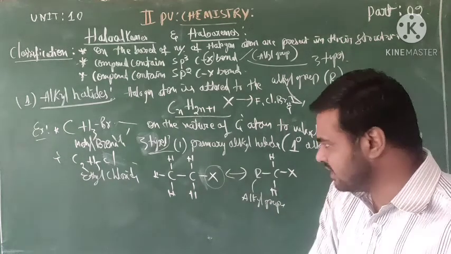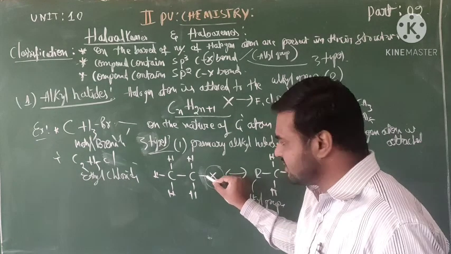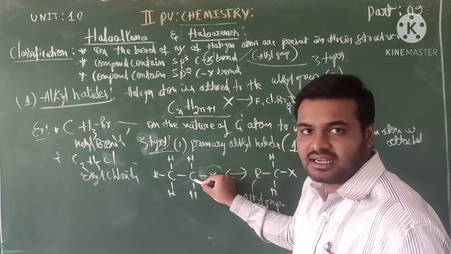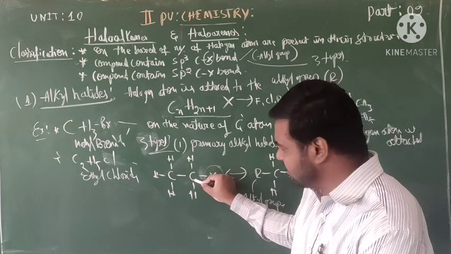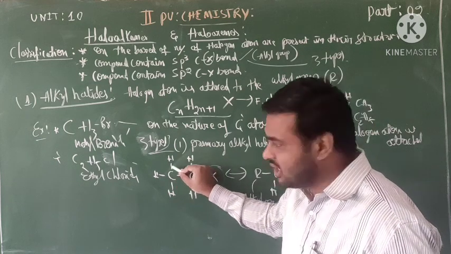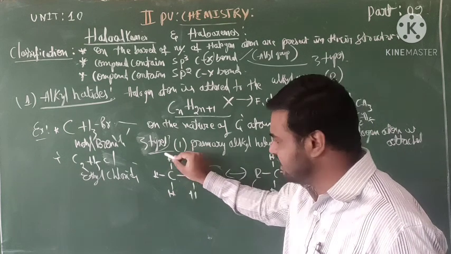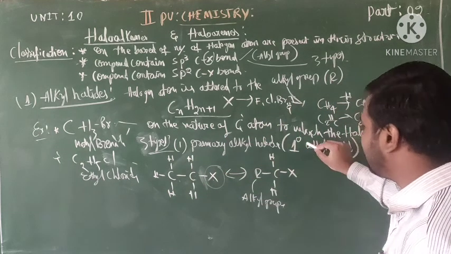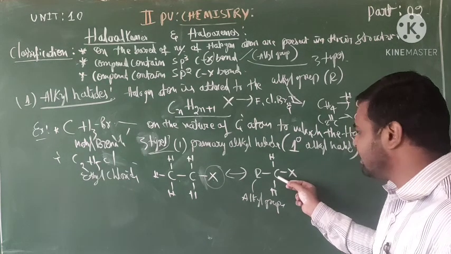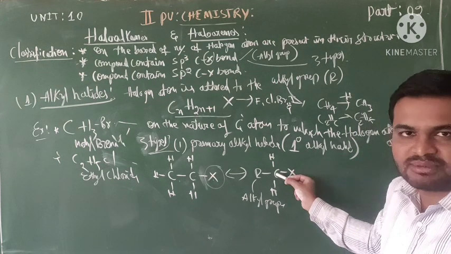Otherwise, the halogen atom is attached to the sp3 hybridized carbon atom, which is attached to one more carbon atom. It is called a primary alkyl halide. A very simple definition: the halogen atom is attached to the primary carbon atom.